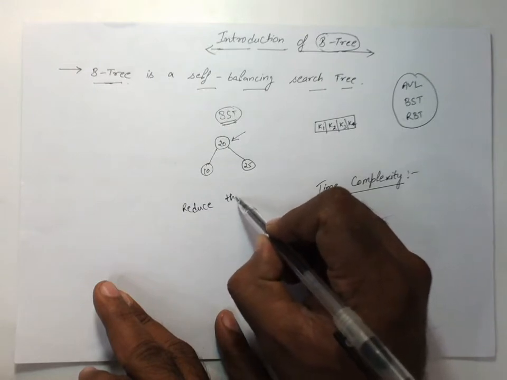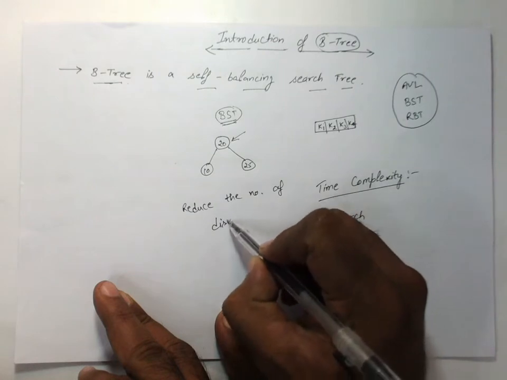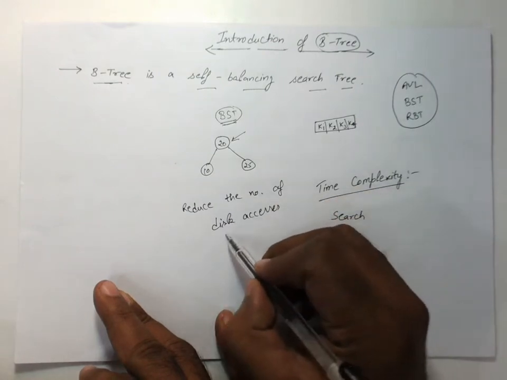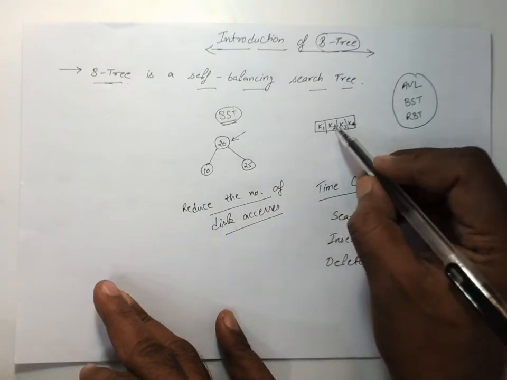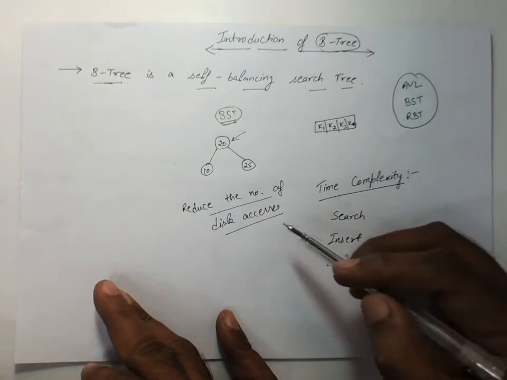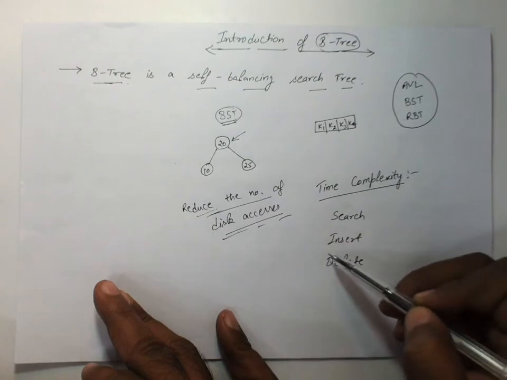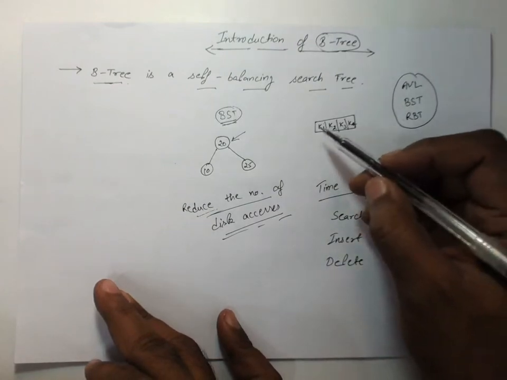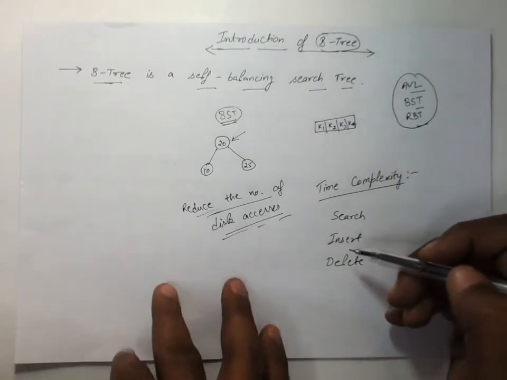It reduces the number of disk accesses. Why? Because in a single node a number of key values can be stored. For this benefit, it reduces the disk access time as compared to the AVL, BST and red black tree.